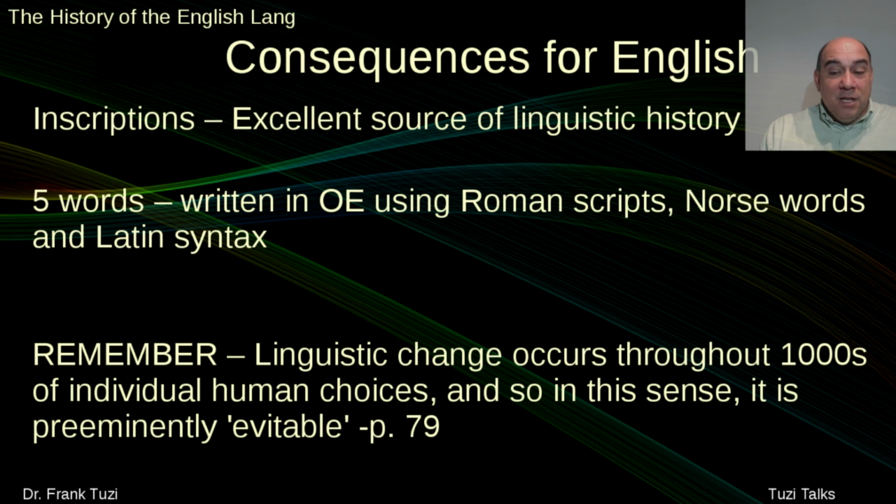Okay? Something to remember, linguistic change occurs through 1,000 small individual changes. People are making choices, okay? And so what's happening is this evolution of language because of the way people are using language. And sometimes a change results in a wave of change, and other times a little change is only local or doesn't change anything at all. In fact, I bet in your own families you have family words that you use that are only in your family.